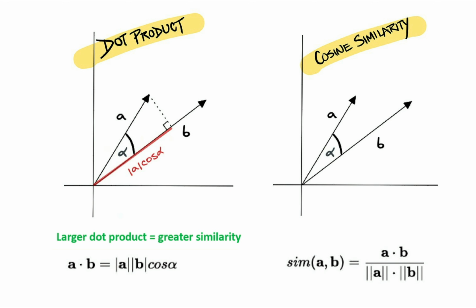A higher dot product between the query vector and a document vector means they point in a similar direction. So the query and document are likely related in meaning. It gives a higher score when both vectors have similar values in the same places. Dot product is useful in many machine learning applications, especially when the magnitude of vectors carries meaning. But for semantic search, cosine similarity is the most commonly used method.